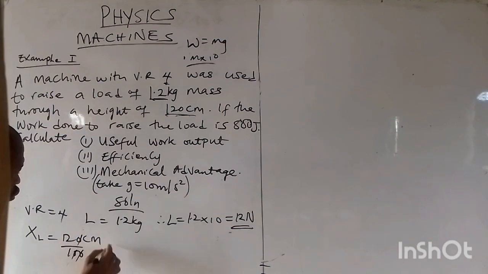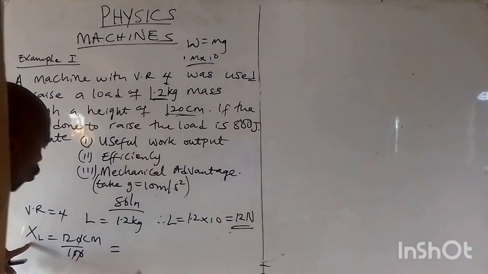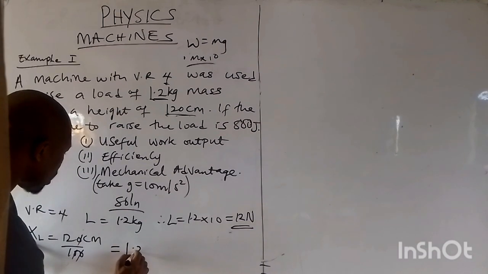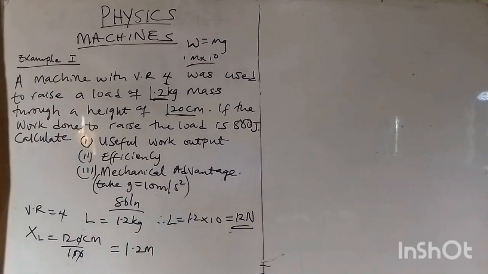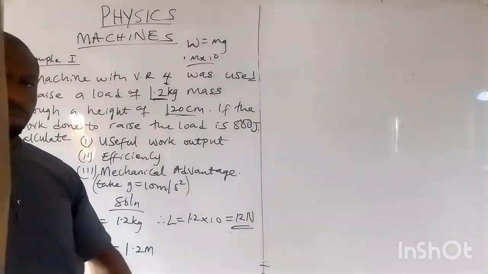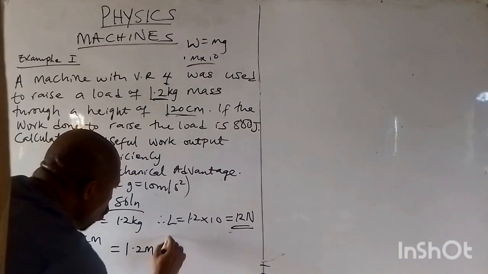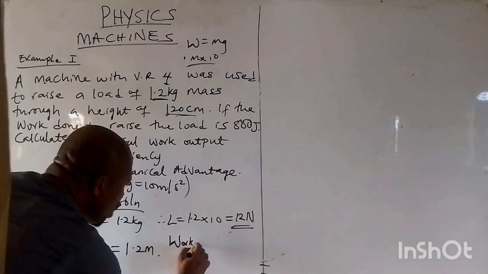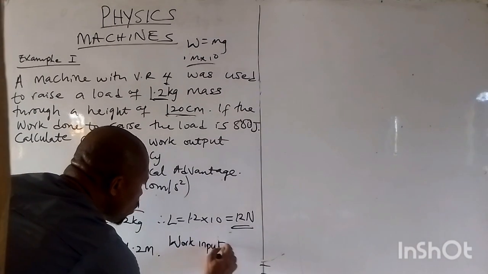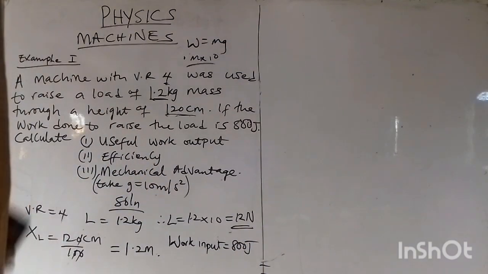If we divide by 100, it will give us that the distance moved by the load is 1.2 meters. Now, the work done to raise the load is 800 joules, and this work done to raise the load is the input, that means work input. Work input is 800 joules. It has finished.